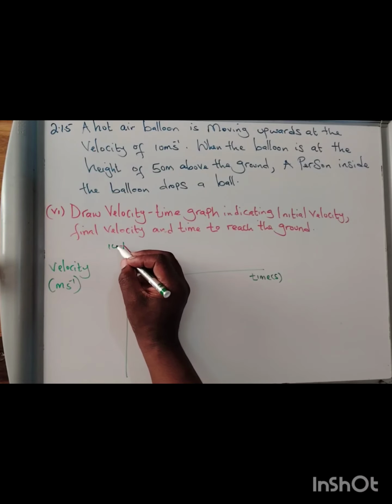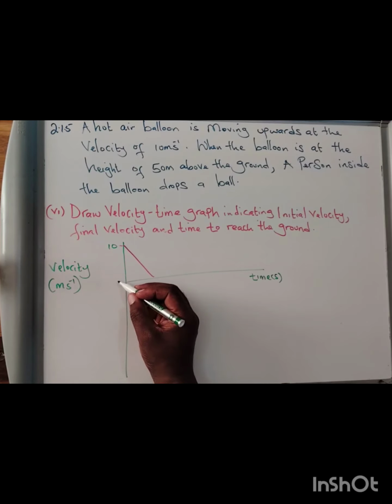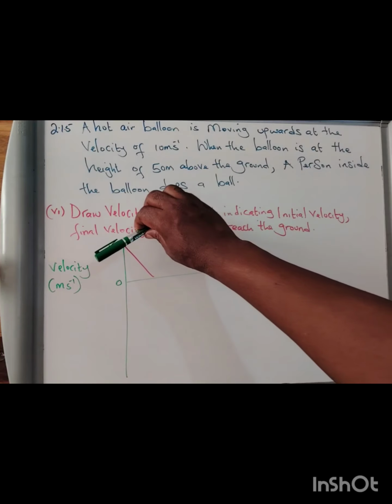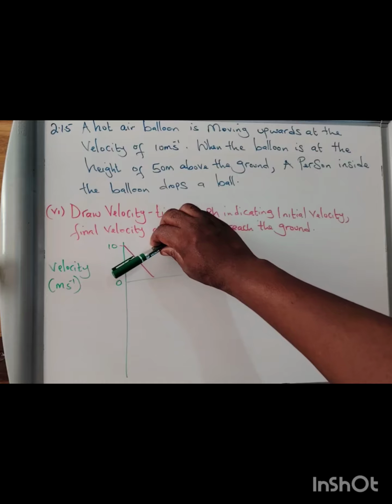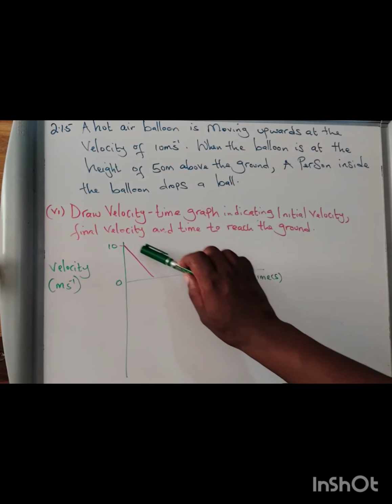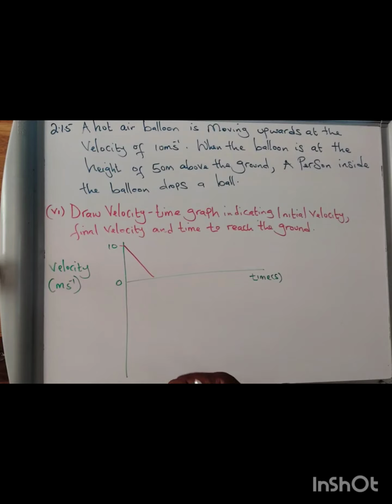This is 10, and it is positive. This is a 0, indicating when the ball reaches maximum height. So the velocity of the ball, as it goes up, will decelerate until it reaches maximum height. This graph is for a ball going upwards.